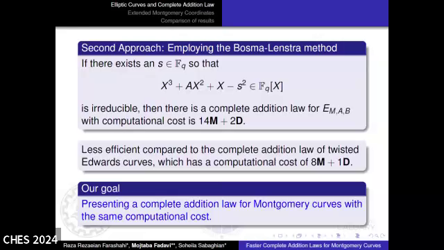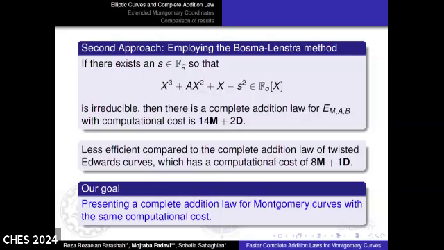In that paper, they used the Bosma and Lenstra method and showed that in famous Montgomery curves, there are some small s such that this polynomial is irreducible, and using the Bosma-Lenstra method, they showed that they can find complete addition laws for Montgomery curves, but its computational cost was 14 multiplications plus 2 multiplications by a constant.